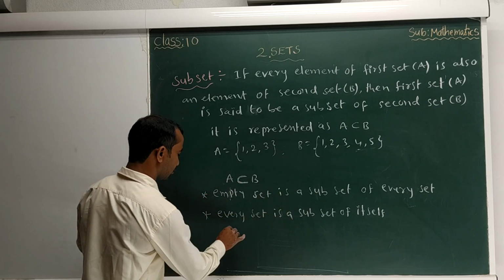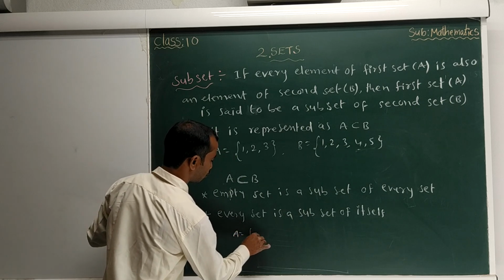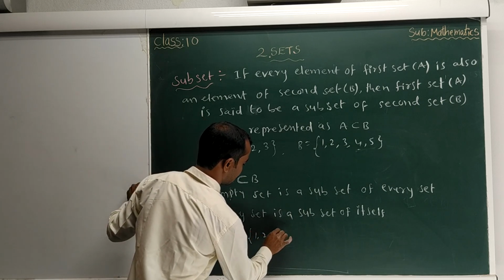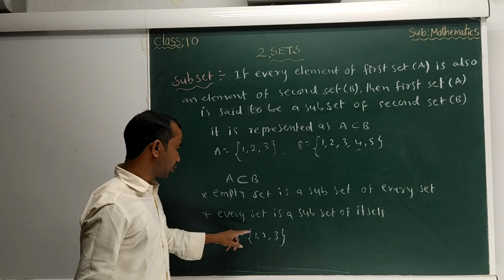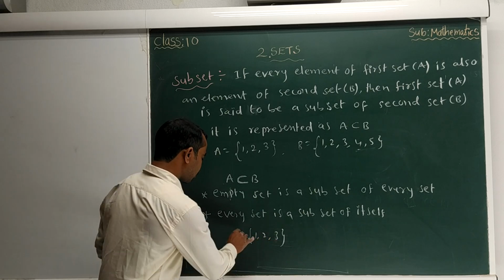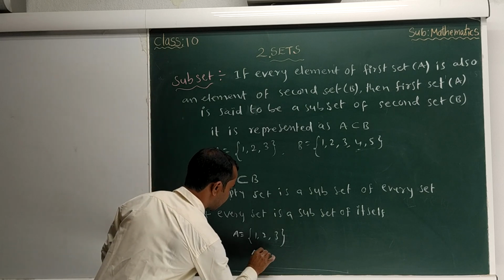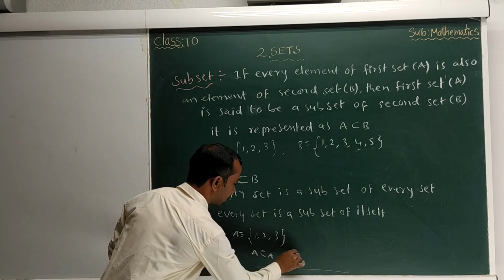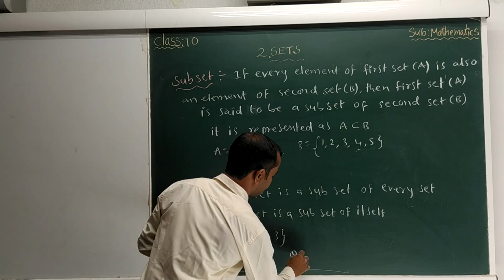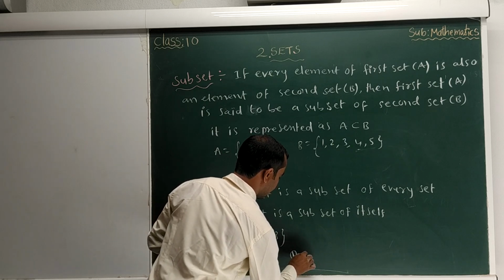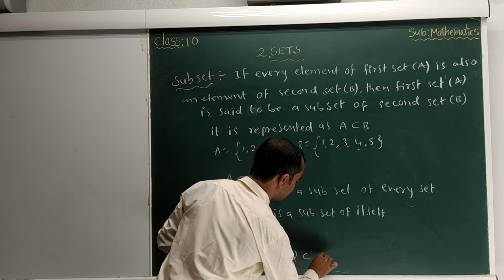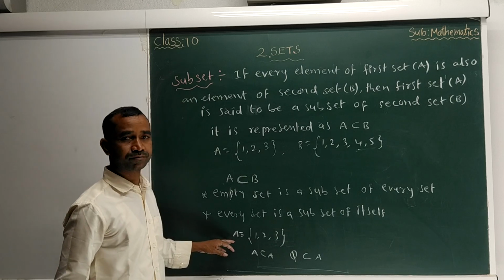For example, A is 1, 2, 3. All elements 1, 2, 3 belong to set A. So A is a subset of A. The empty set is also a subset of set A.